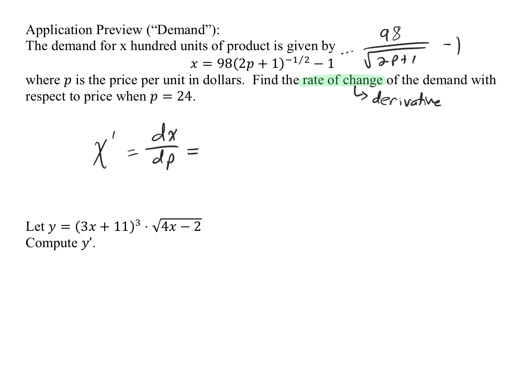So I start with that 98. The coefficient just hangs out in front. Then I'm going to have some parentheses, 2p plus 1. I'm not taking that derivative yet. First, what should I do with this negative 1/2? When you take a derivative, what do we do with that exponent?